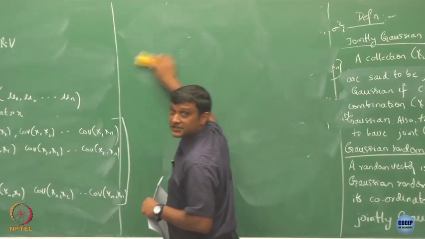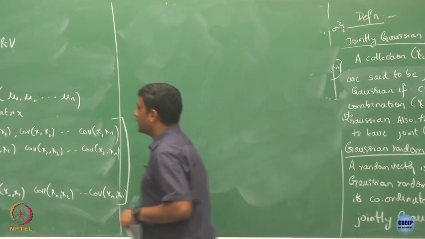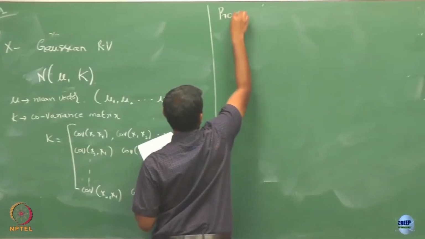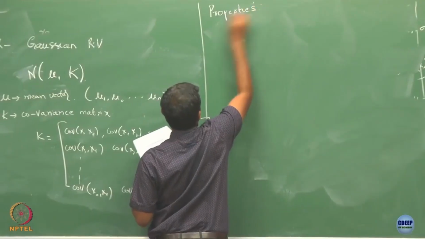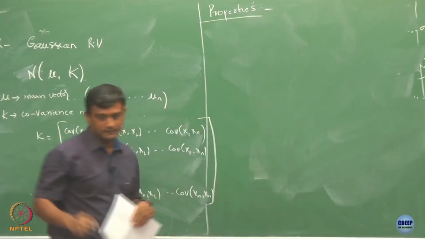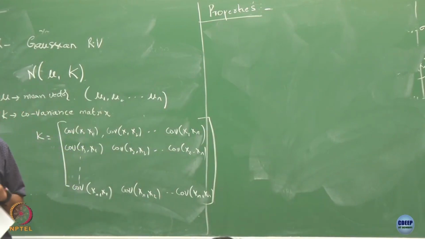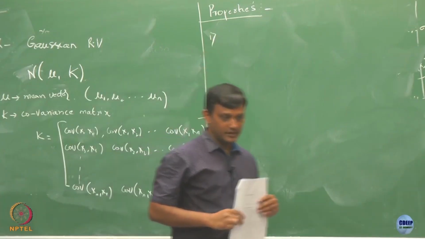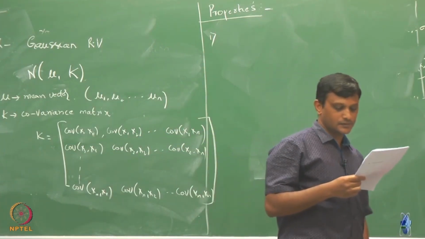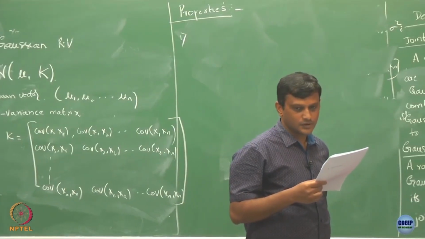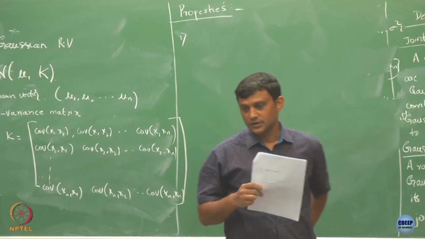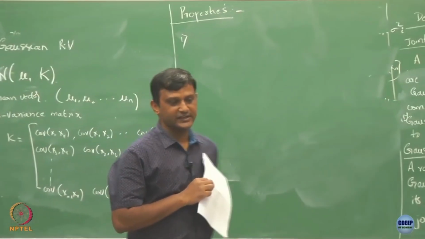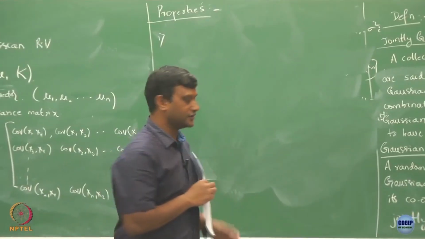Okay, now I will just list down some of the properties of these Gaussian random vectors, and we are not going to prove any of them. You should verify all these things yourself. These are random vectors that have joint Gaussian distributions.